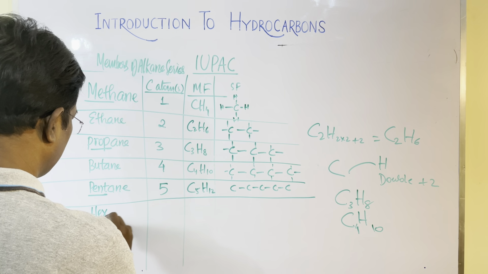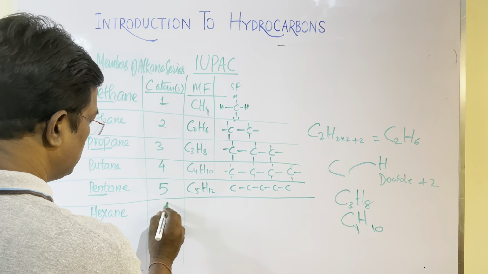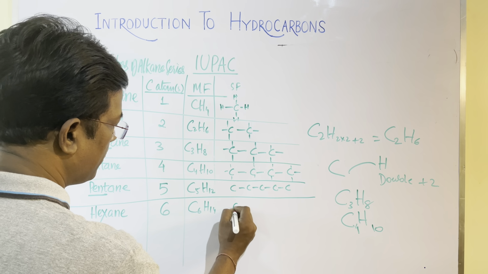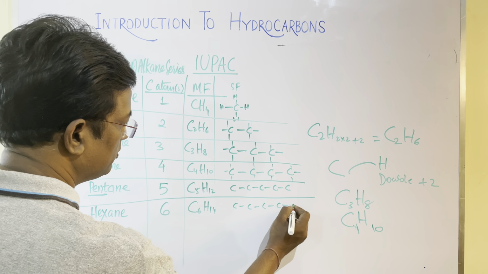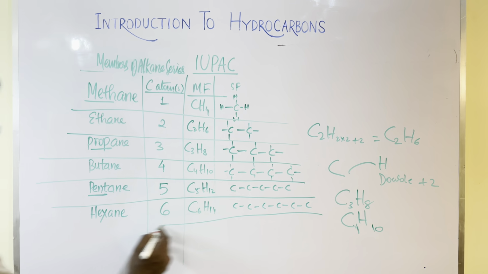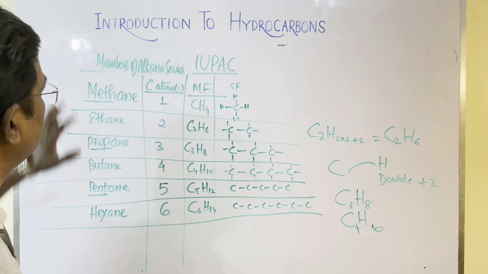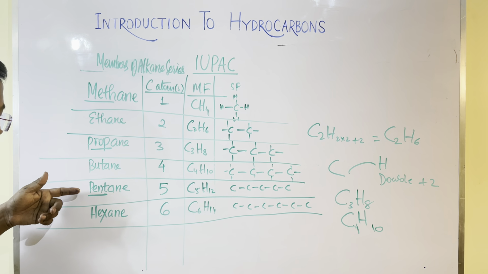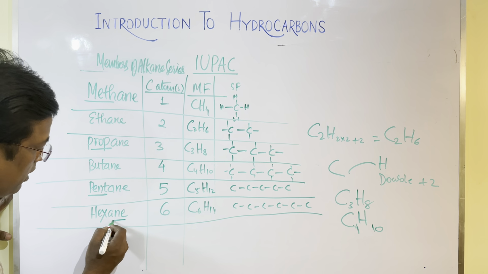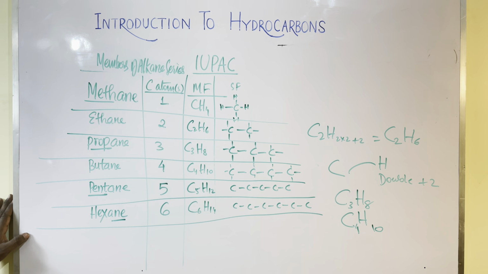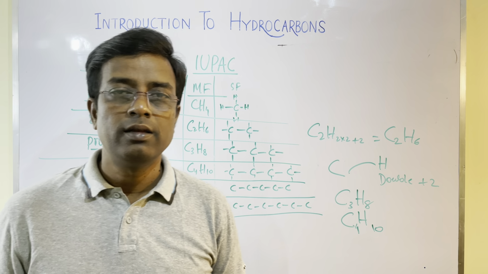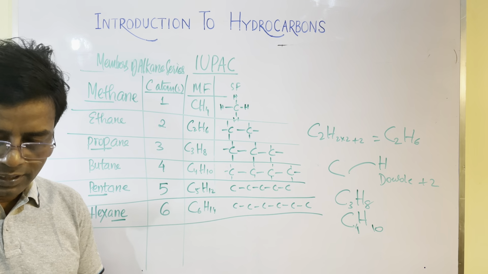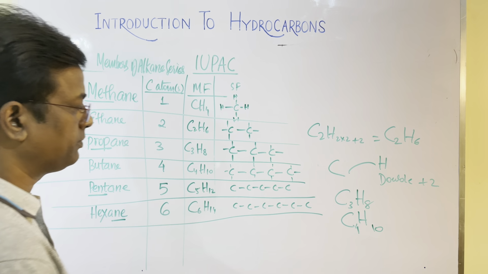Hexane, 6, H14. It goes on and on. So methane, ethane, propane, butane, pentane, hexane. If you come across ANE, that means it's a saturated hydrocarbon and particularly an alkane. So easy to identify.